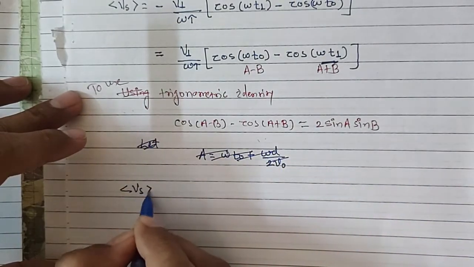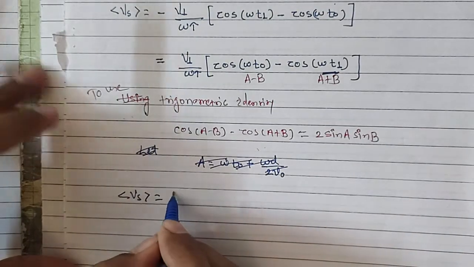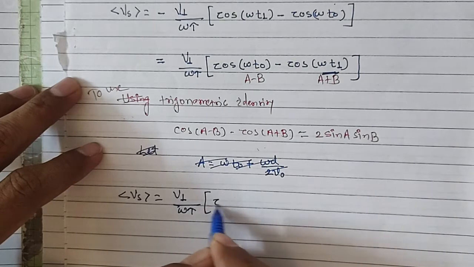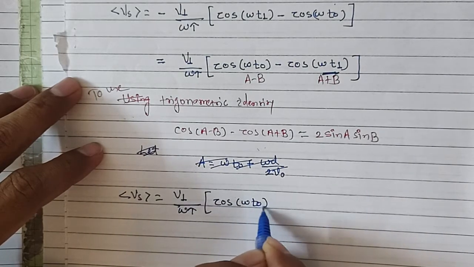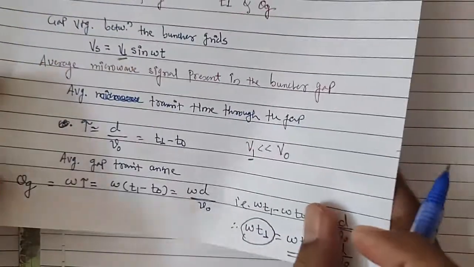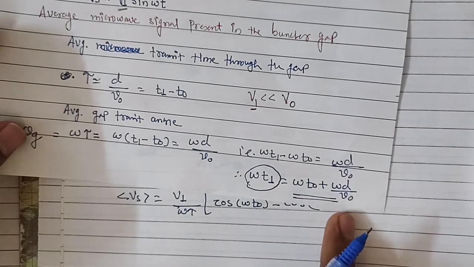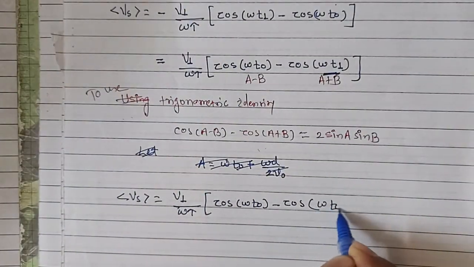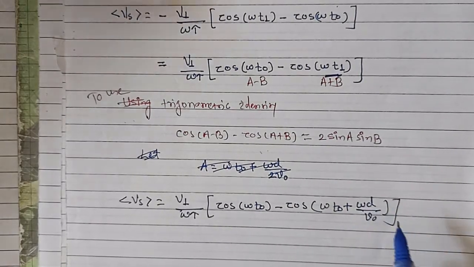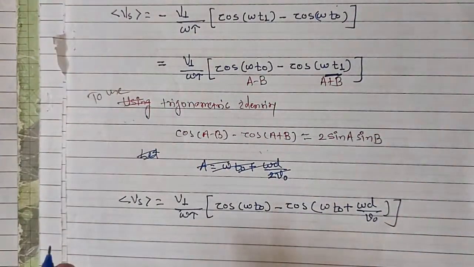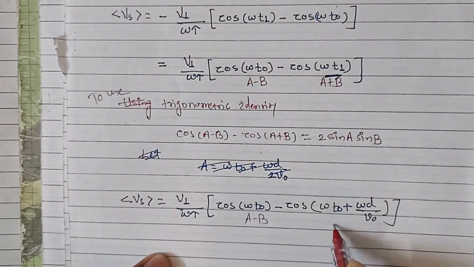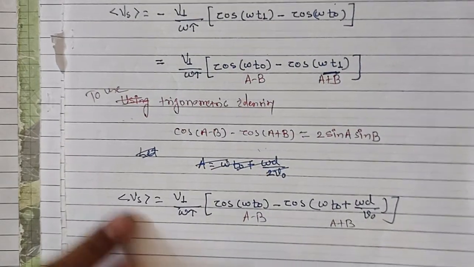So Vs is equal to V1 over omega tau, cos omega t0 minus cos of omega t0 plus omega d by v0. Now, as we said, we'll use a trigonometric identity, and this would be a minus b and this would be a plus b.